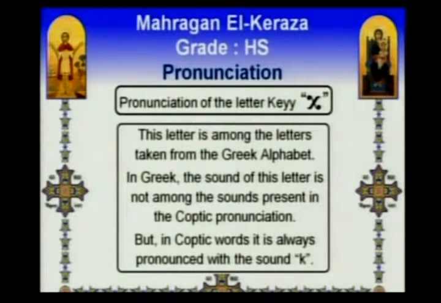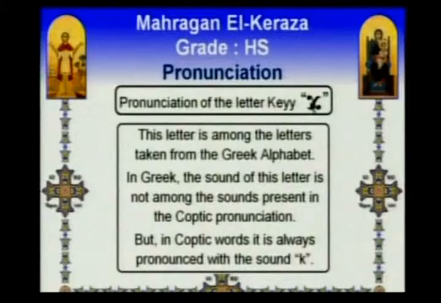It has several ways to pronounce, but when we took it, we took the pronunciation that is K. So actually, this letter in Egyptian Coptic words, it's always like a K, but in Greek letters, the pronunciation is different, and sometimes it's K, sometimes something else.